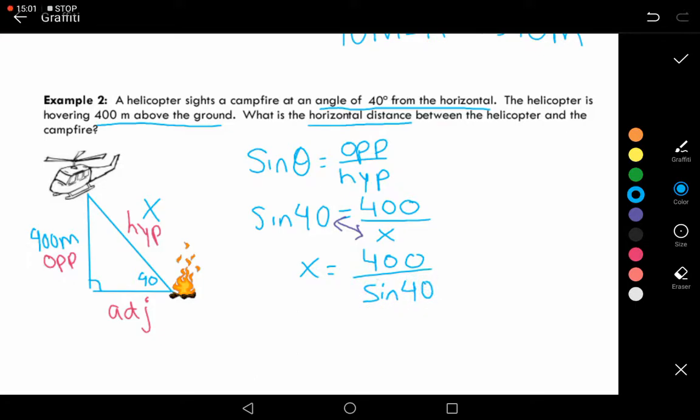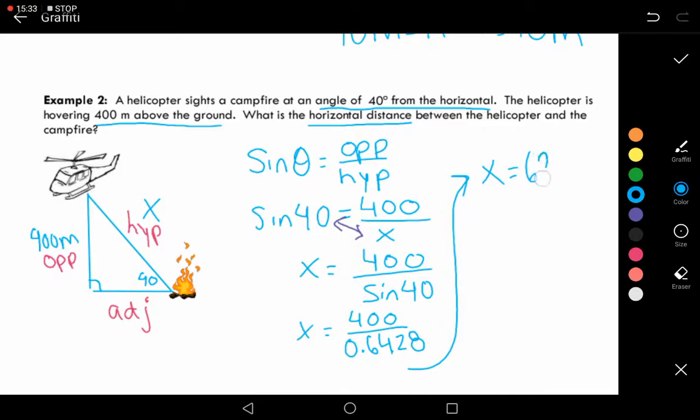Again, to make sure your calculations are accurate, you might want to just evaluate that sine 40 on your calculator. I'm going to do that here. So sine 40 is approximately 0.6428. So we need to do 400 divided by that number, which gives us 622.